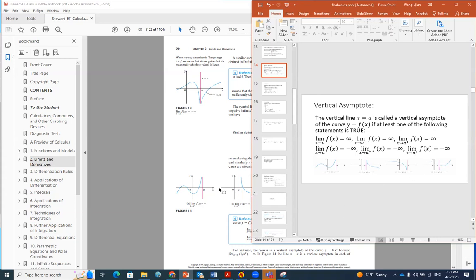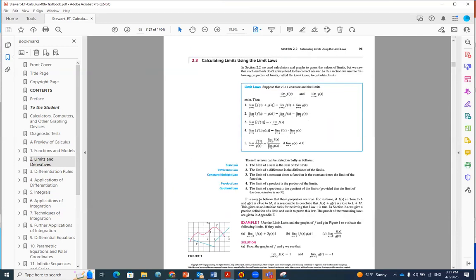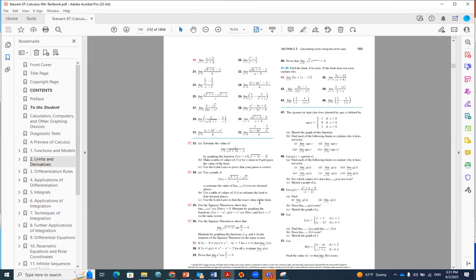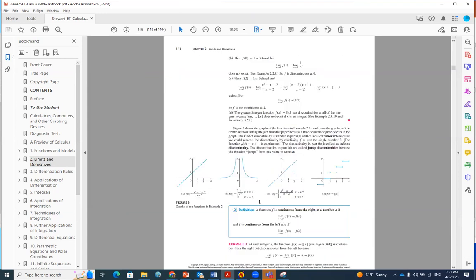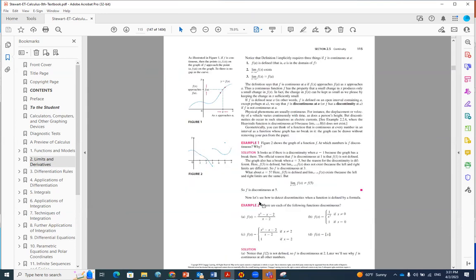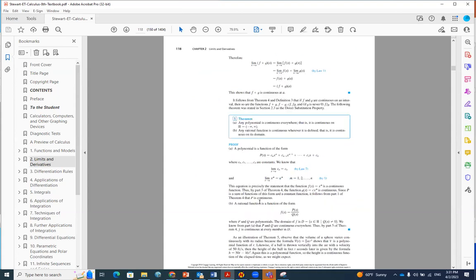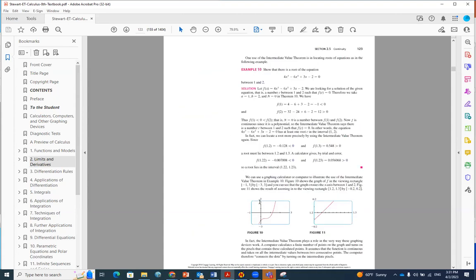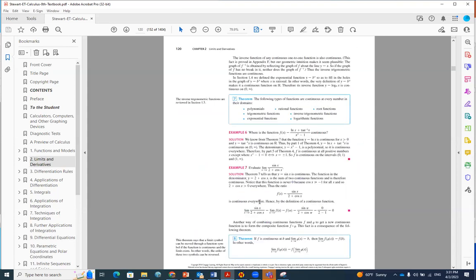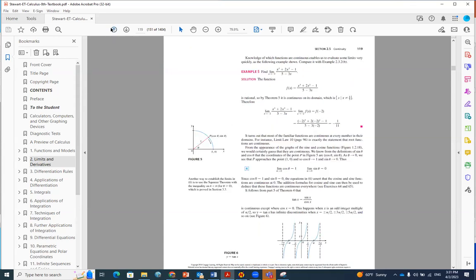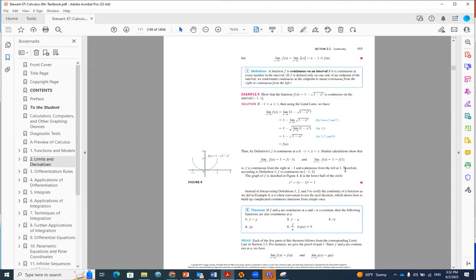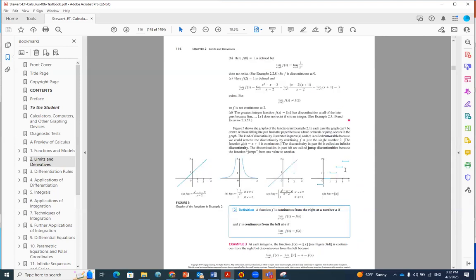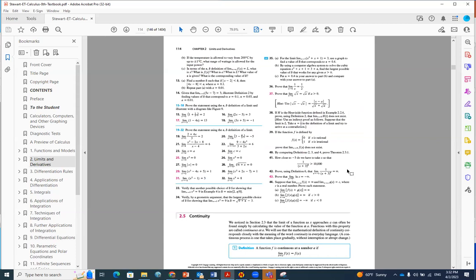And horizontal asymptote, limit at infinity. In the lessons we've been studying vertically. Now we're studying horizontally. So horizontal asymptote. Where's the limit at infinity?